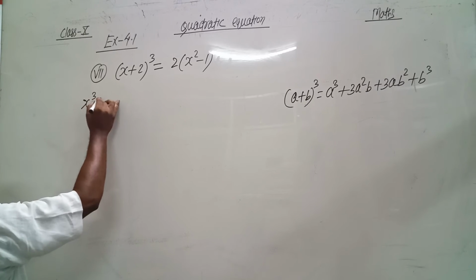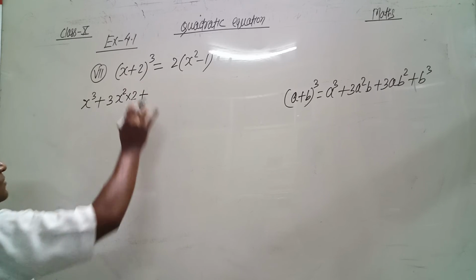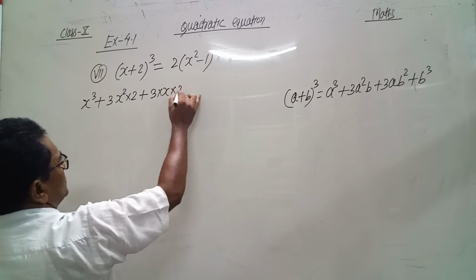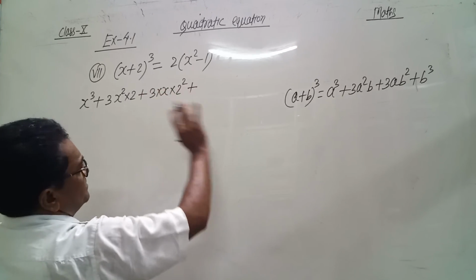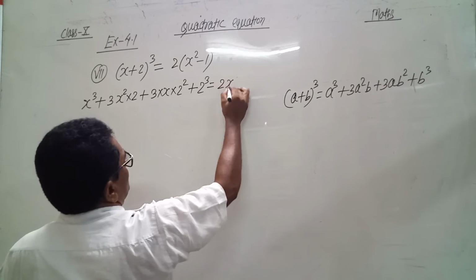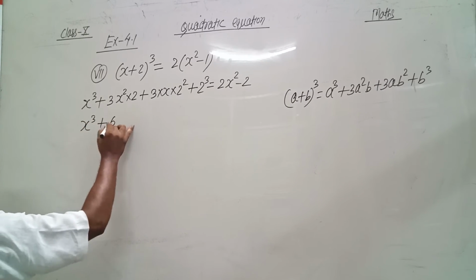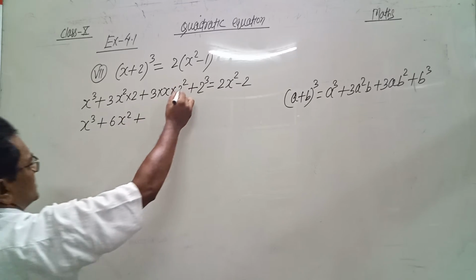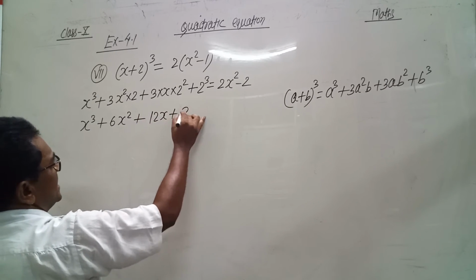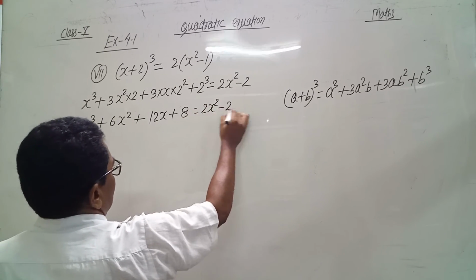So a cube plus 3a square into b. At the place of b we have 2, plus 3 into a into b square means 2 square, and plus b cube means 2 to the power 3. And this bracket would be removed, so 2x square minus 2. Now x cube plus 6x square plus 4 multiplied by 3, 12x plus 8 equals to 2x square and minus 2.